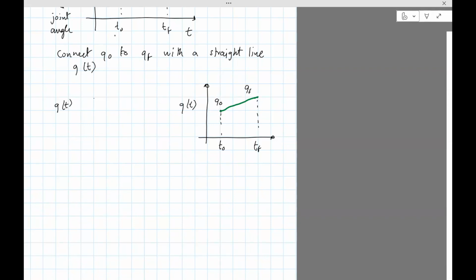Now, it's clear that if Q of t is a straight line, then the equation of a straight line is simply a0 plus a1t.